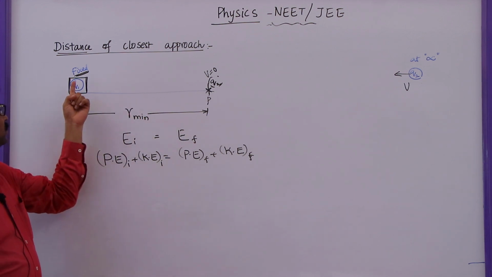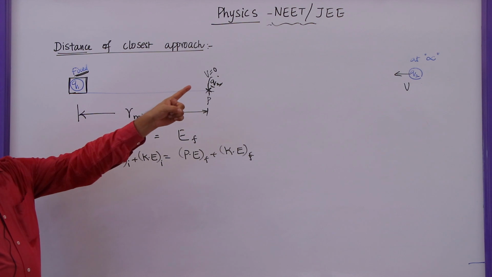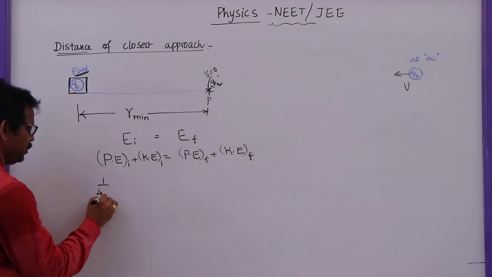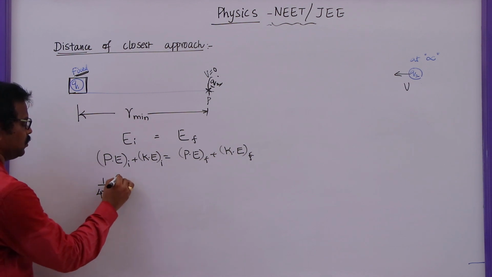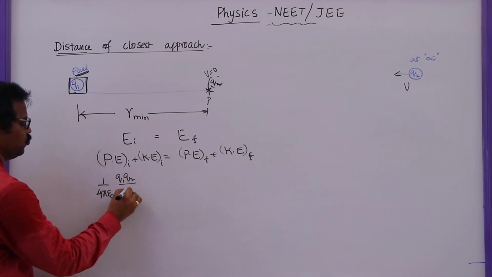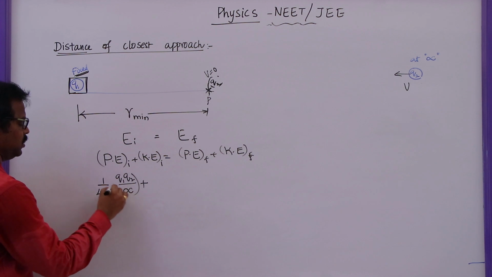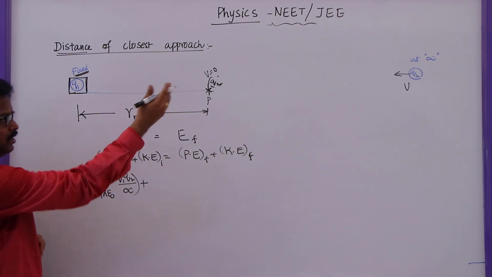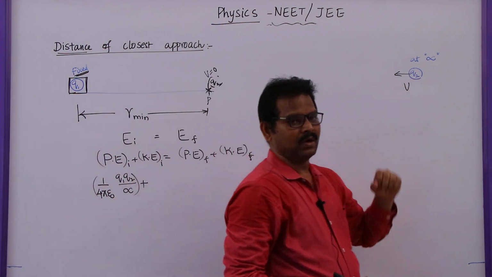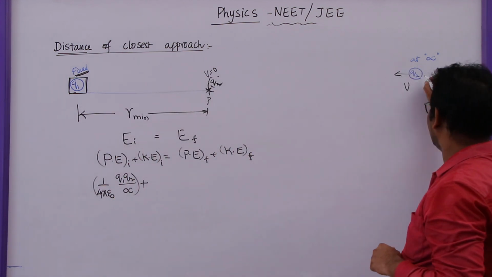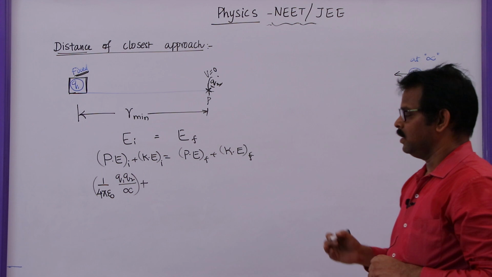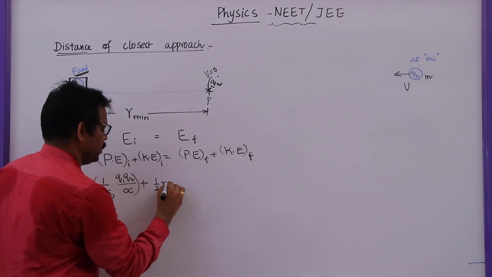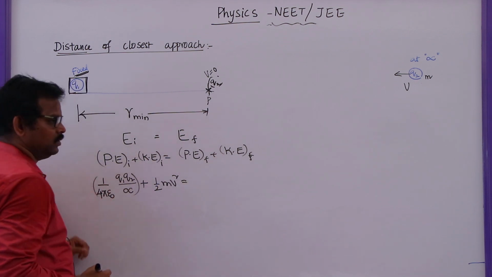Here, the initial positions are, this is the fixed position and the second charge is at an infinite distance. So this will become 1 by 4 pi epsilon naught q1 q2 by infinite. This is the initial potential energy of the system of these two charged particles, and initially the charged particle was given a velocity v and the mass of this particle, let us say, is m. The kinetic energy of this one is given by half m v square.